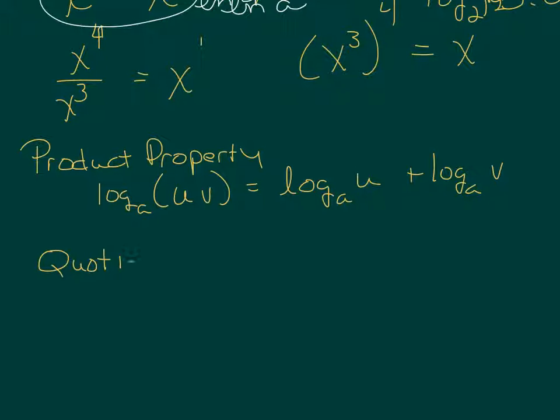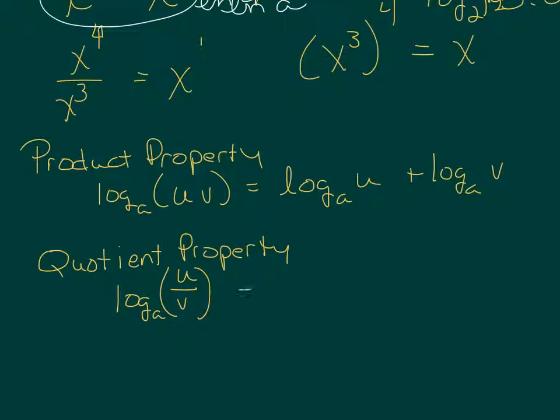using logarithms, says if you have the log base A of u divided by v. Notice this is not the log of u divided by the log of v. It's the log base A of u divided by v.